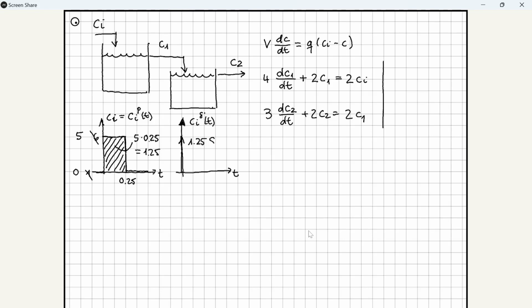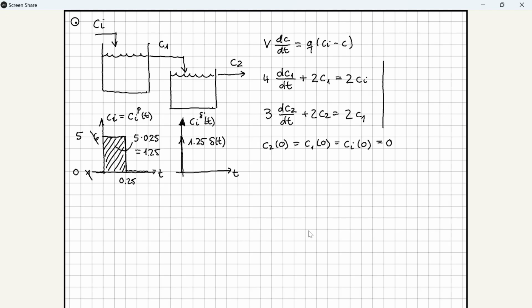And so this delta pulse has a height of 1.25. And then we're assuming that the concentration at time t equals 0 is the same everywhere. And in our case, we're not going to assume it's 1, but we're going to assume it's 0. So we're saying it starts at 0.